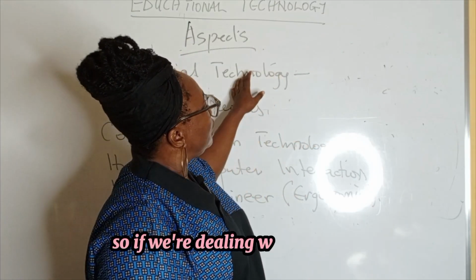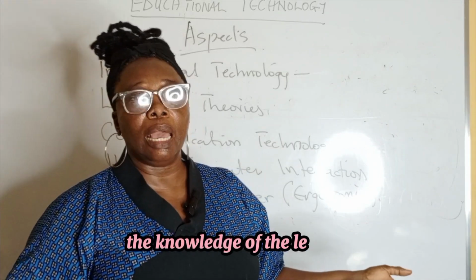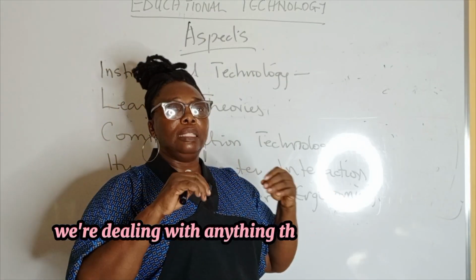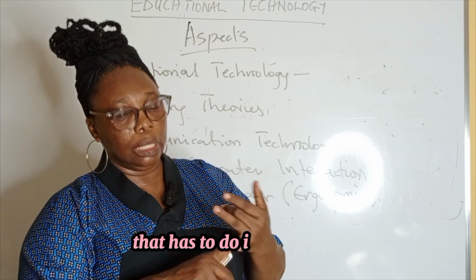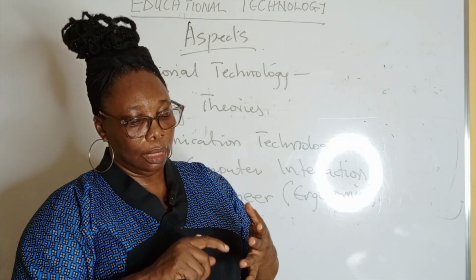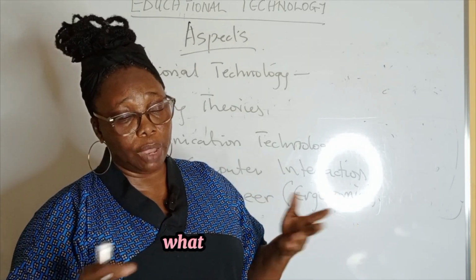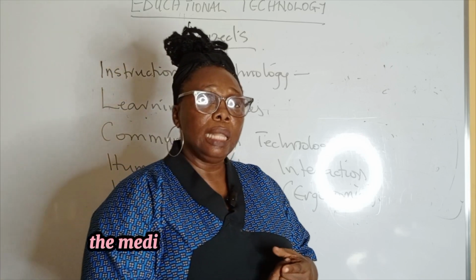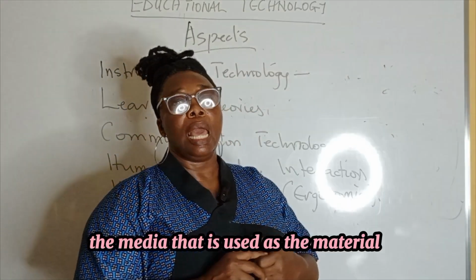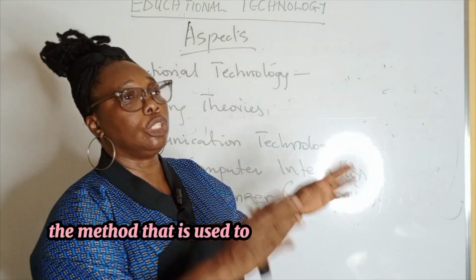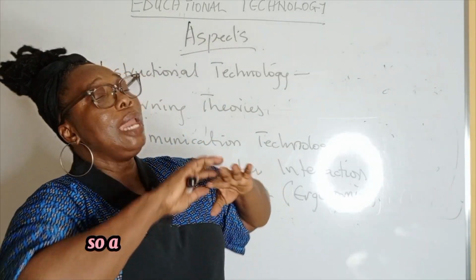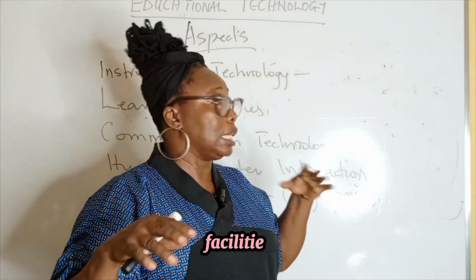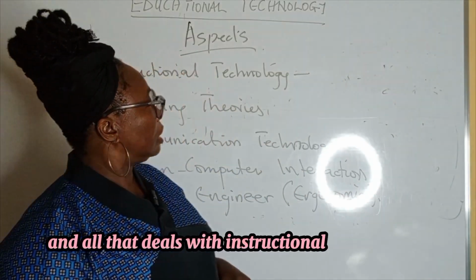So if we're dealing with broadening the knowledge of the learner, we are dealing with anything that deals directly with our instructional process that has to do with the learner, the teacher or instructor, whatever he's called, the media that is used, that's the materials, and then the method that is used to teach these learners in a lesson and all that. So anything that deals with the learner, facilities and all that deals with instructional technology.